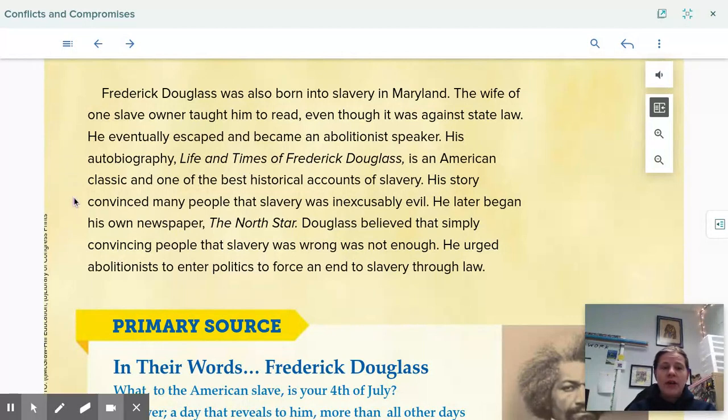His story convinced many people that slavery was inexcusably evil. He later began his own newspaper, the North Star. Douglass believed that simply convincing people that slavery was wrong was not enough. He urged abolitionists to enter politics to force an end to slavery through law.